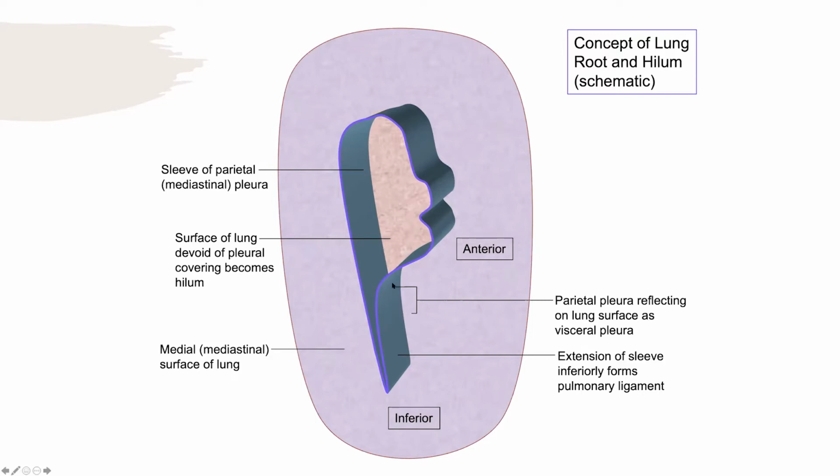So this dark green thing is my parietal pleura, and this light colored stuff is my visceral pleura. And this part of my lung, the mediastinal surface of the lung, has no pleura. This area which is bounded by this dark colored stuff is called the hilum of the lung.